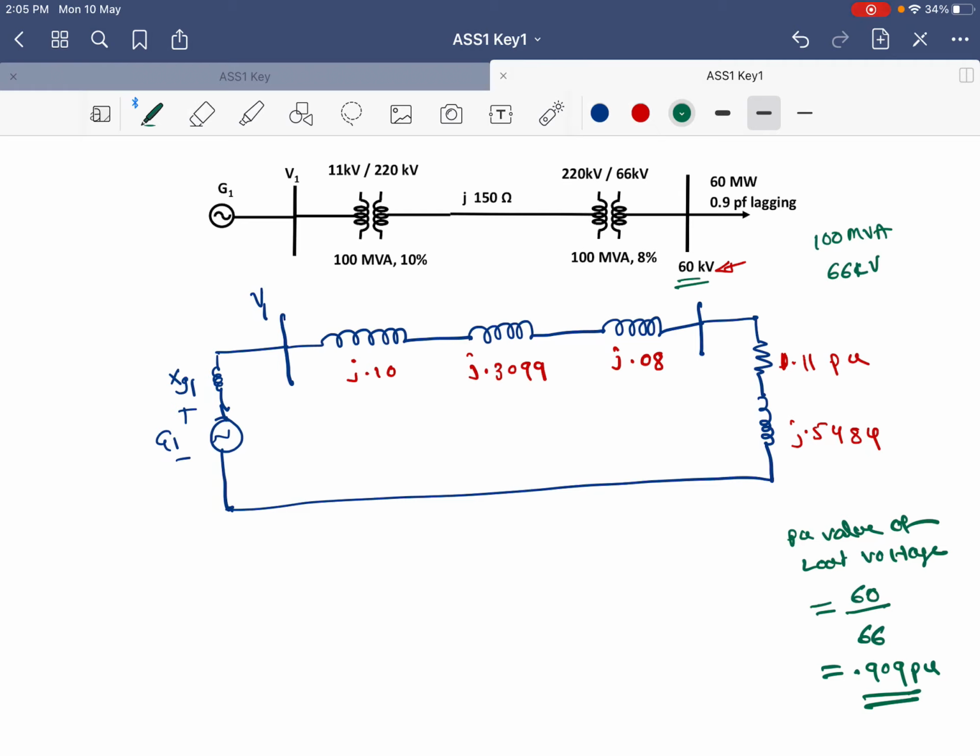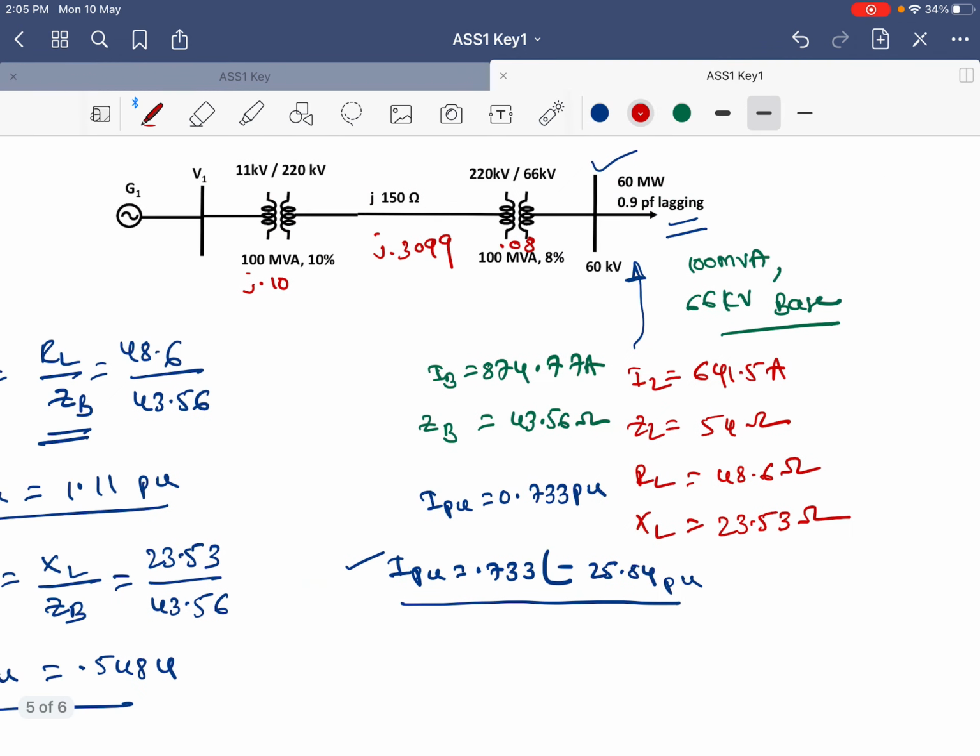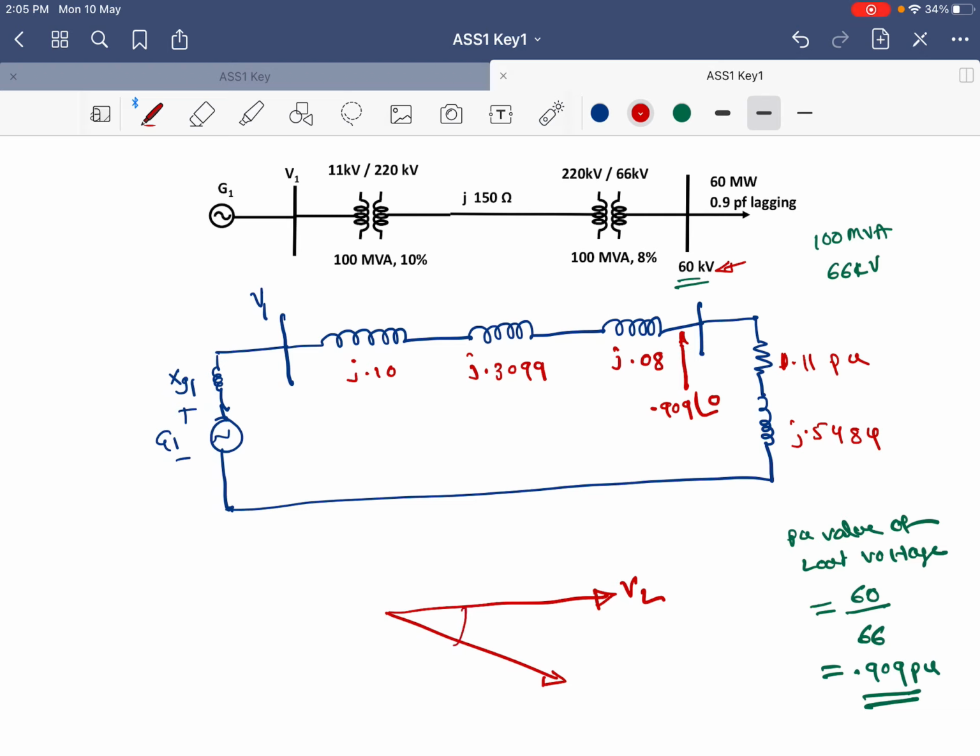Therefore, the voltage at the load terminal is 0.909 at an angle of 0, because if you draw the vector diagram, suppose this is the voltage VL, then the current is lagging by 25.84 degrees, for IL.